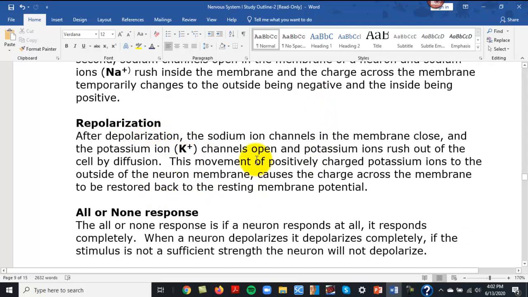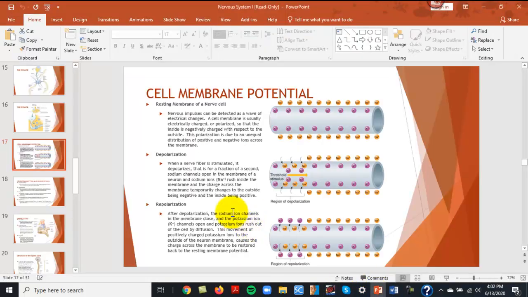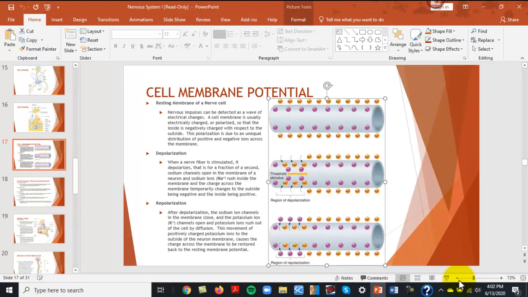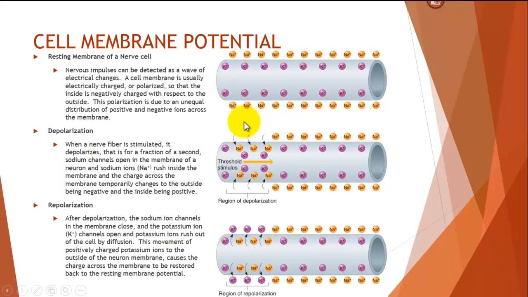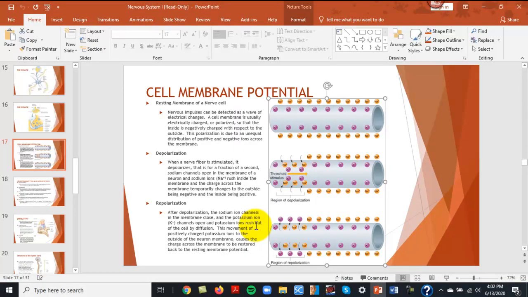Repolarization is when the sodium channels close, potassium channels open, and it restores the resting membrane potential. Here's sodium moving in, and then potassium moving out, and that will restore the original polarized charge of outside being positive, inside being negative.